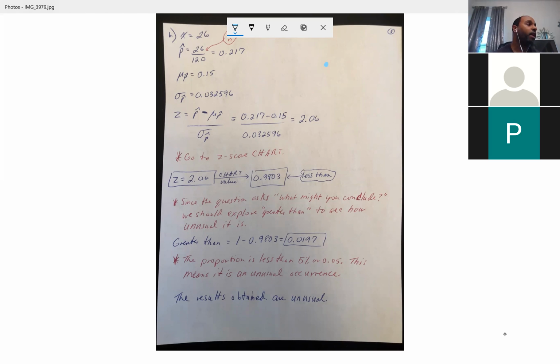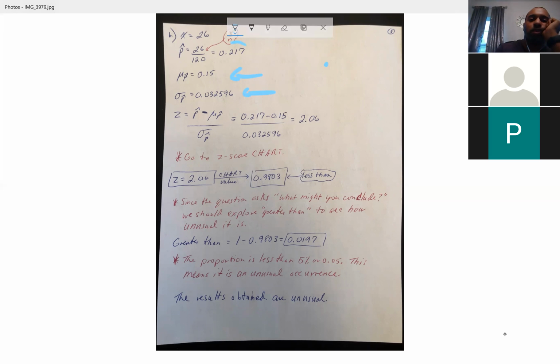So remember before, in A they gave us the 12% for our sample proportion. Here they gave us 26 out of the 120, so to get the proportion, you have to divide it out. And the mean and the standard deviation are the same.